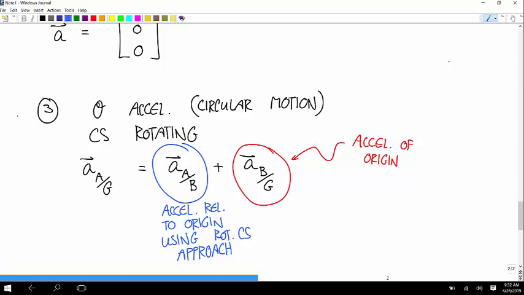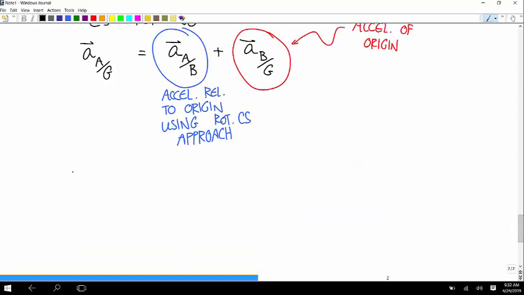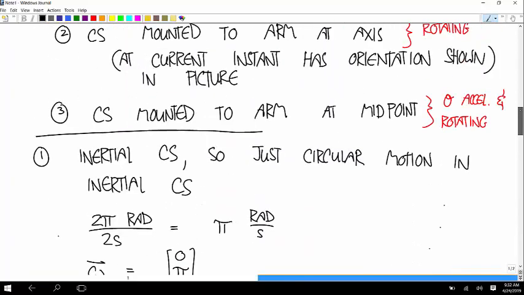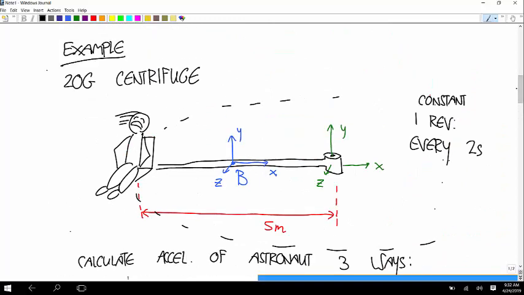Okay, so first let's figure out the acceleration of the origin. So the acceleration of B relative to the ground. How are we going to figure that out? Well, we've been doing problems like this all semester. That's just circular motion.